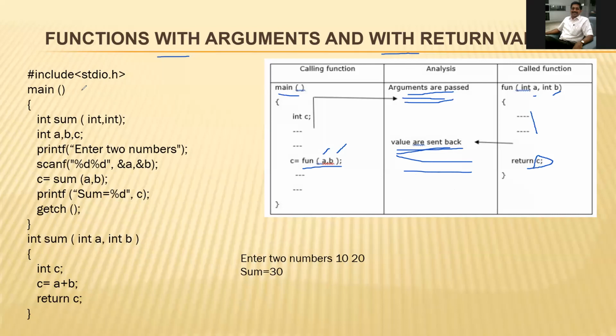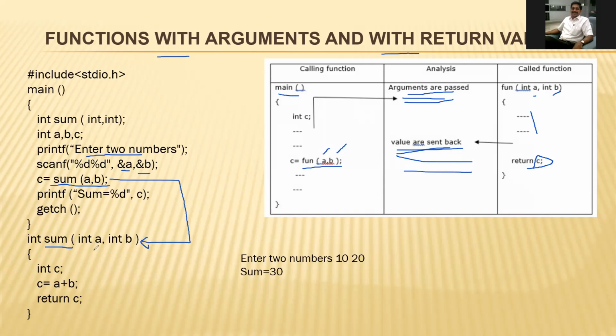See here in the example itself, the main function is given here, and the main function is taking the values of A and B. The function call is here: sum A comma B. That passes the values of A and B to the called function.